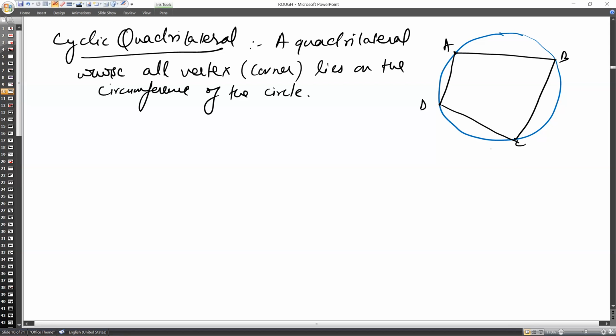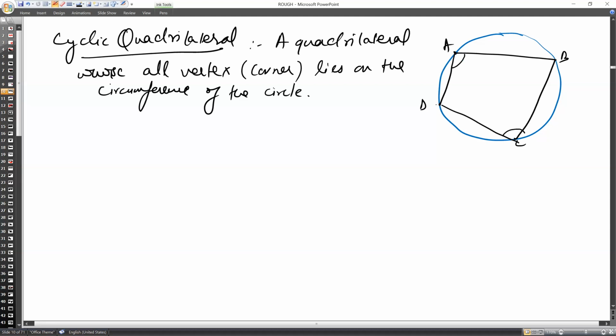And what is the property of a cyclic quadrilateral? The sum of opposite angles is 180 degrees. In a parallelogram, opposite angles are equal, but in a cyclic quadrilateral, the sum of opposite angles is 180 degrees.